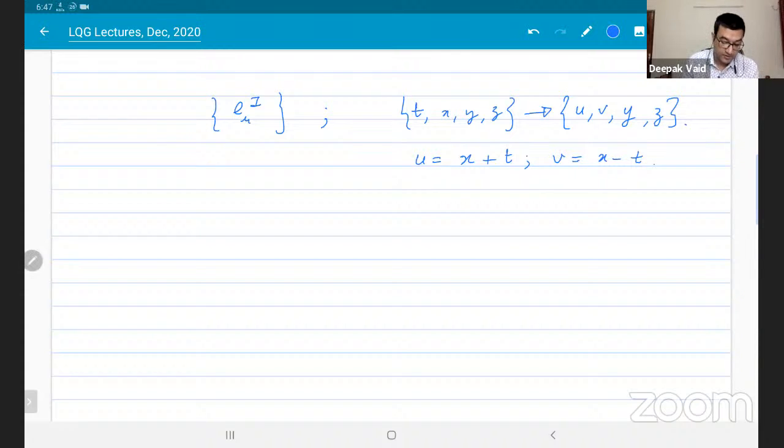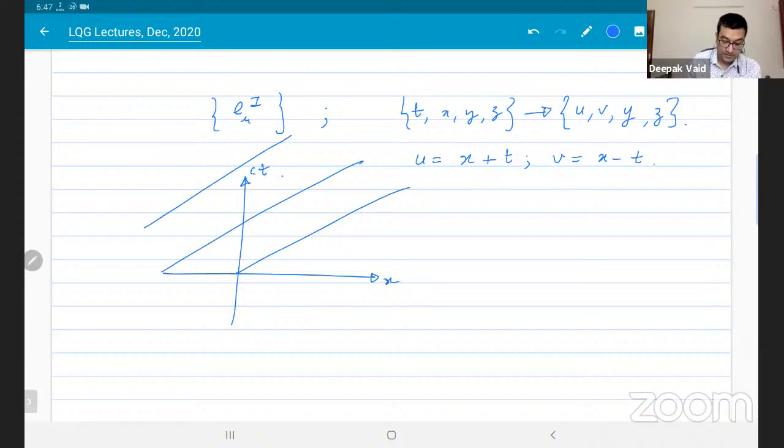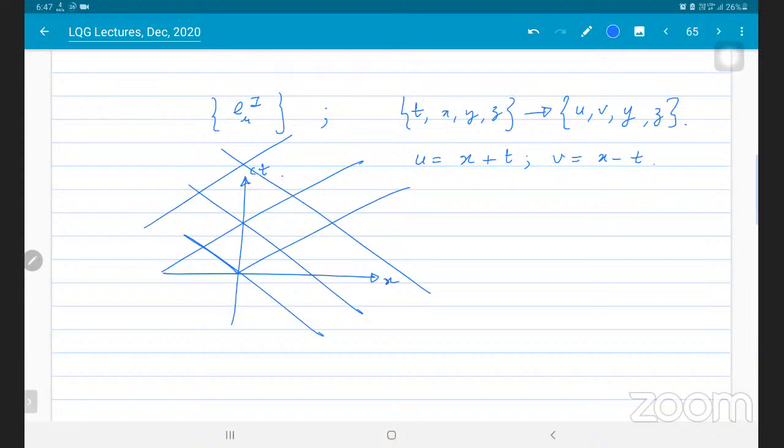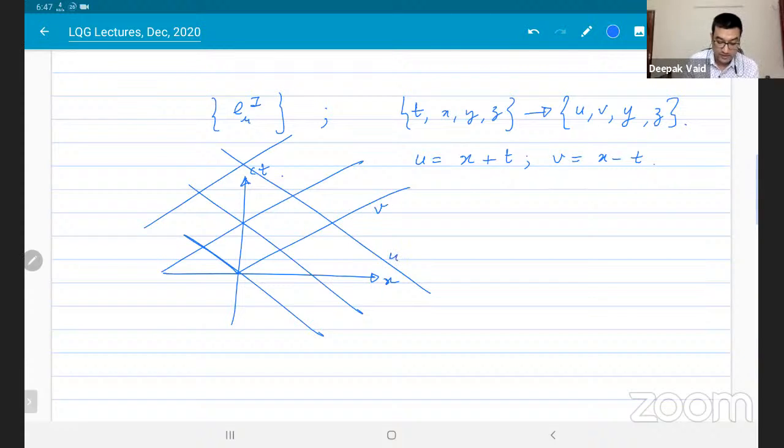So if you work in this uv basis, these will be your surfaces of constant v, and these will be your surfaces of constant u. And these are null surfaces, if you put a c there.